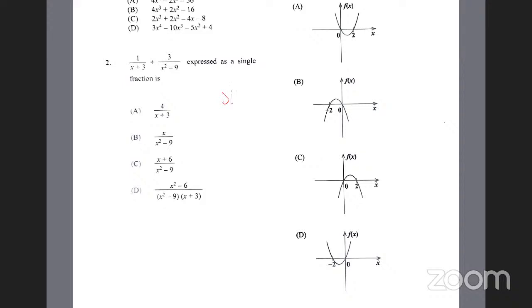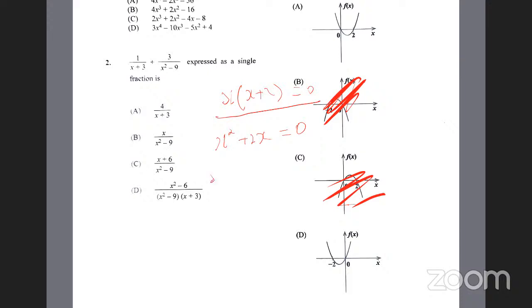What's it again? x by 2 plus x. So when you multiply it out, you'll get x squared plus 2x, equal to 0. Max or min? Minimum. Where does it cut the x-axis? So you have to solve this quadratic here. x is 0, x plus 2 is 0.